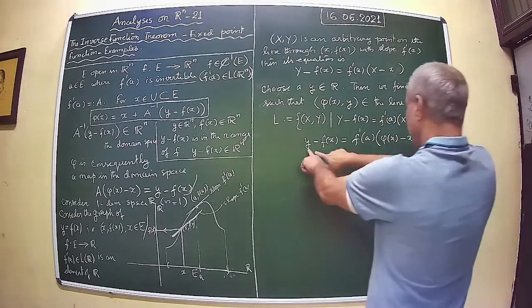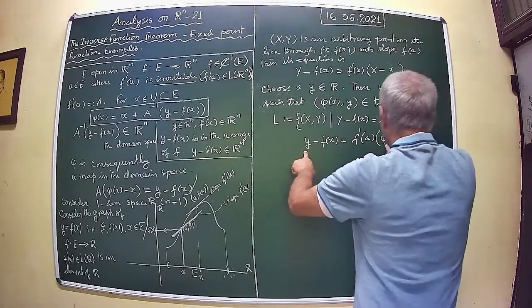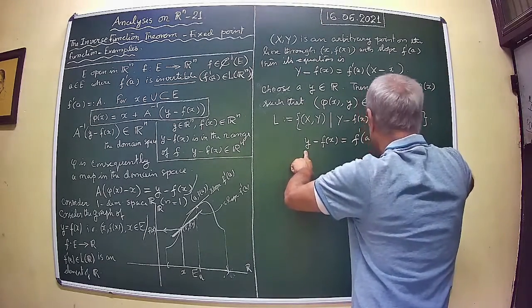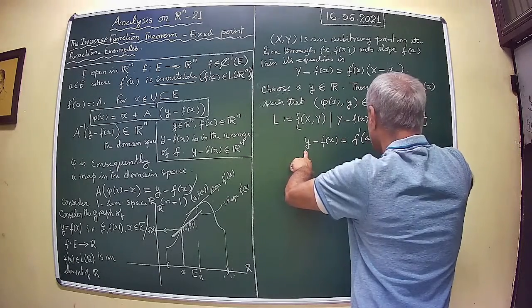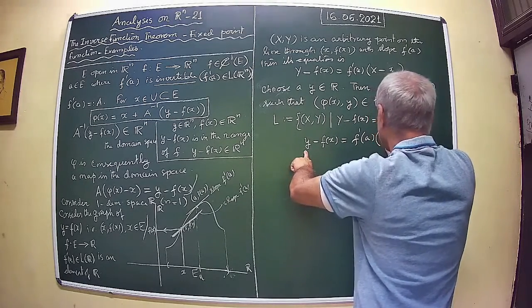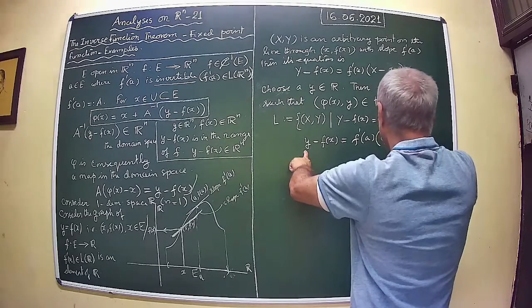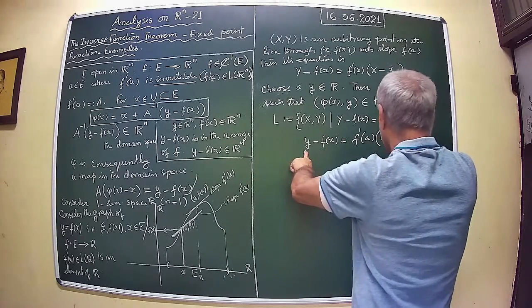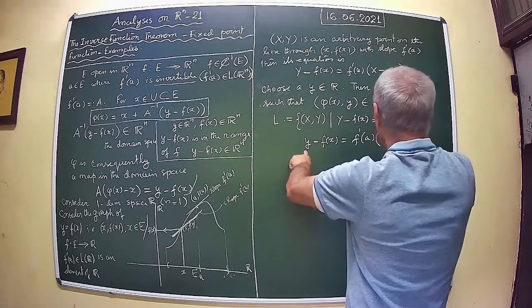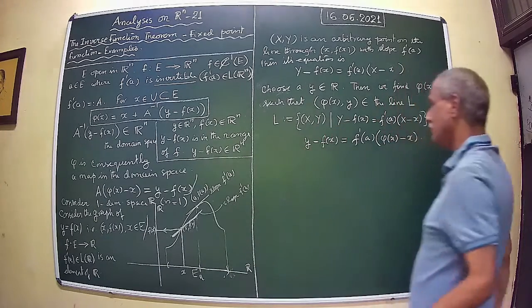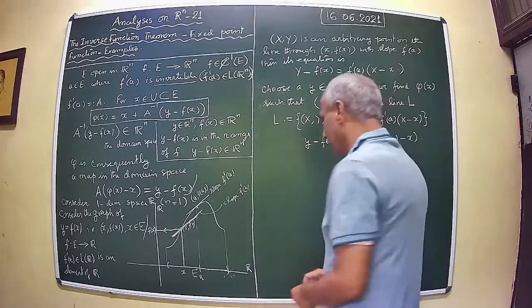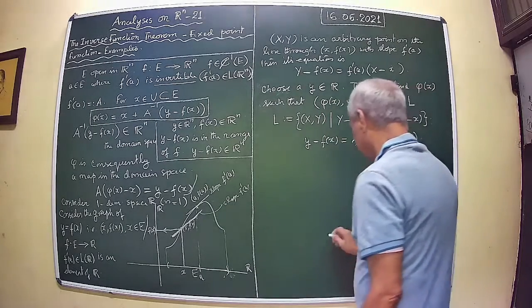So given y, you find the point phi x such that phi x, y lies on this particular line. Okay, now let us look at geometrically what this means.